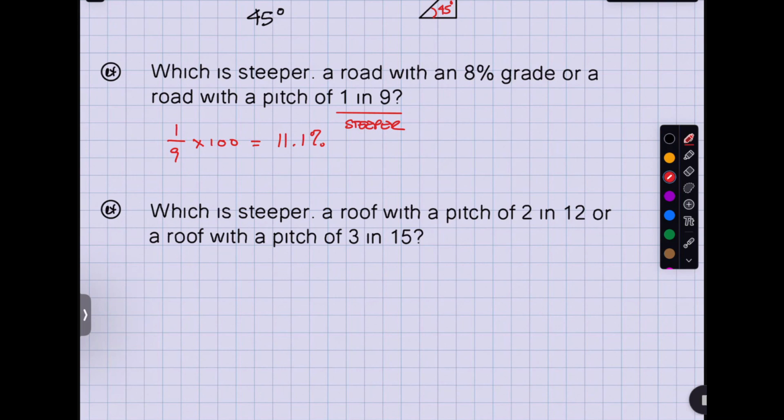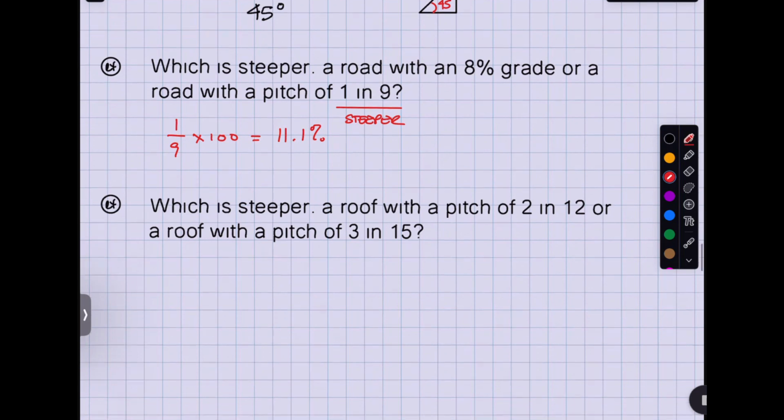Which is steeper? A roof pitch that is 2 and 12 or 3 and 15? I would do the same thing. So you're going to do 2 divided by 12.